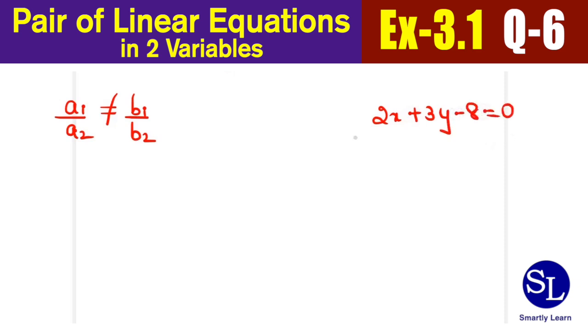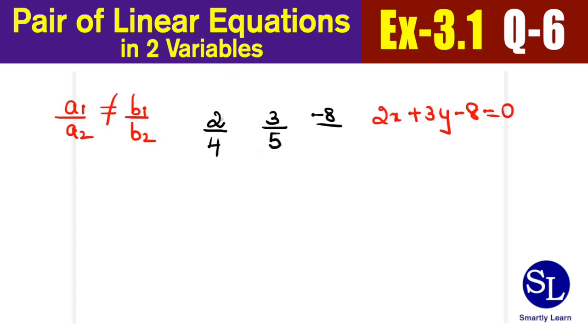For this equation, the A1 is already known to us as 2, the B1 is 3 and the C1 is minus 8. So now I'm going to pick a random number for A2. Let's say it is going to be 4. So 2 by 4 is going to be 1 by 2, which means I can write any number below 3 except 6. So let's put this as 5.